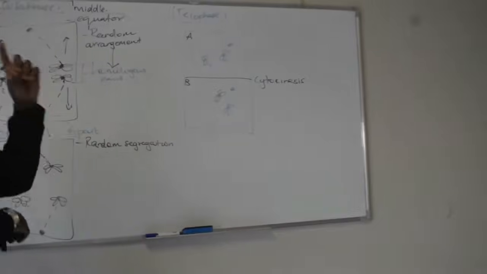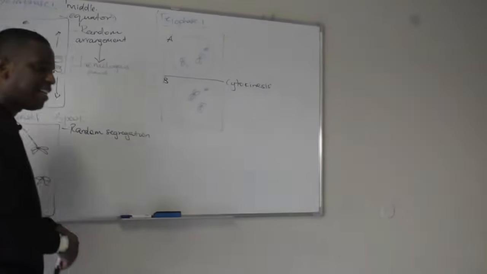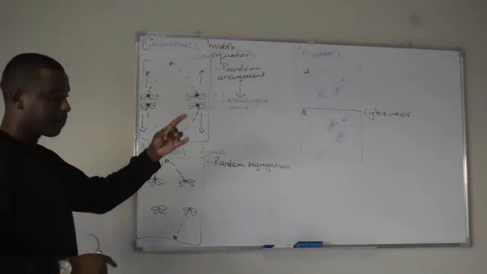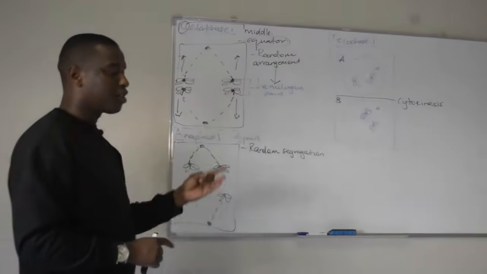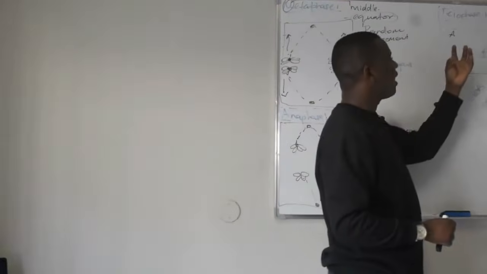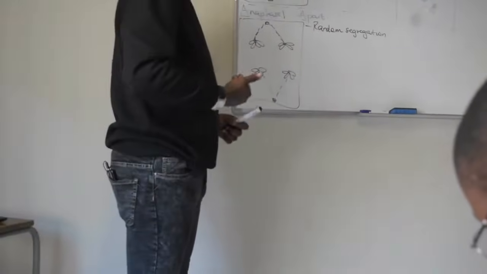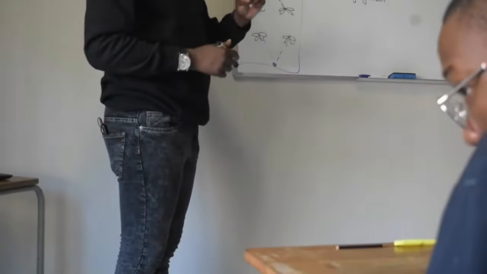Right? Now, there is one thing I said in prophase 1 that disappeared, but now it's back: the nuclear membrane and nucleolus. They are going to reappear in telophase 1.